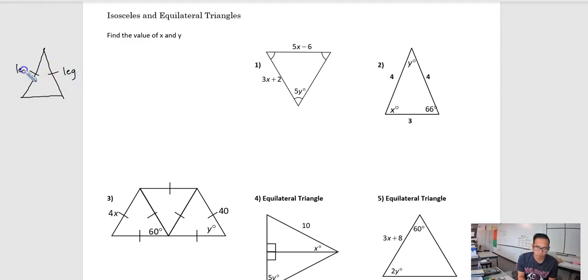That's one leg, and this is another leg, and we call this side here the base. The angle between the legs is called the vertex angle. So this is what we call your vertex angle here.